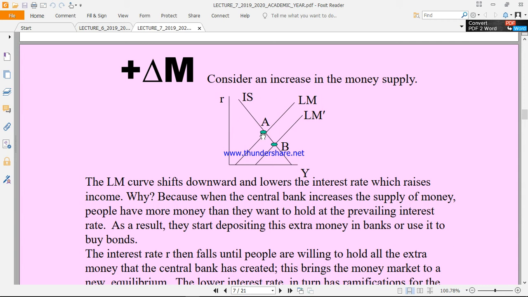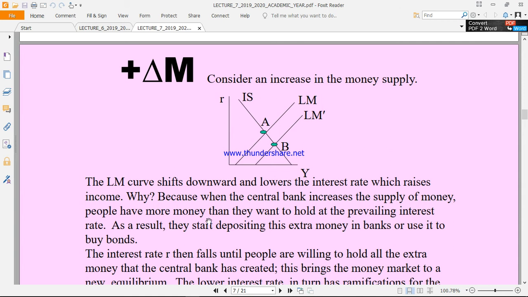And mind you, money is everywhere, so I can invest. Because of that, output is expected to increase. So whenever there's an increase in money supply, the LM curve shifts to the right, the rate of interest reduces, and output increases.